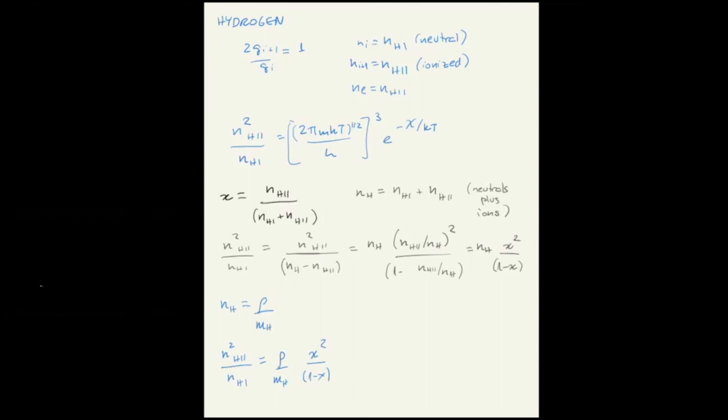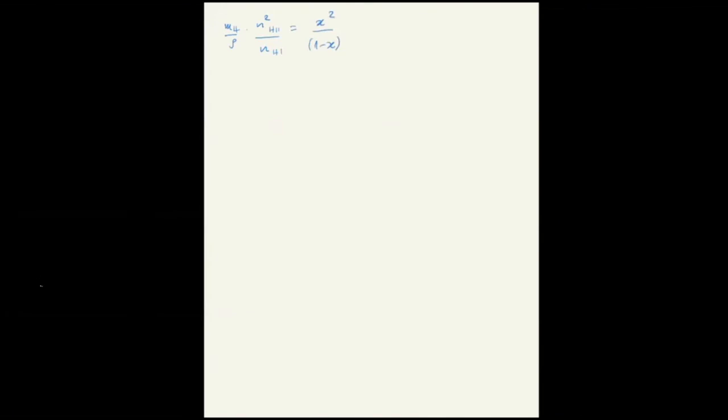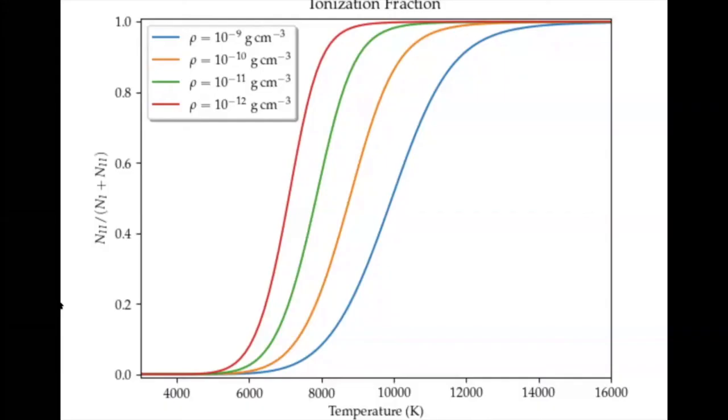If you multiply and divide both sides by m_H over rho, and call what is on the left-hand side alpha, this equation simply becomes x squared plus alpha x minus alpha is equal to 0. So we can solve this quadratic. The quadratic formula gives the square root of alpha squared plus 4 alpha minus alpha over 2, where we discarded the unphysical negative root.